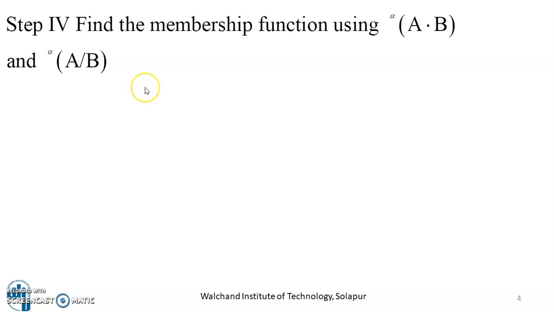Once we express alpha in terms of x after expressing initial and end point equal to x, then we have to find out the range by putting alpha equal to 0 and alpha equal to 1. Once we do this, we will get the required membership function for A into B and A divided by B.